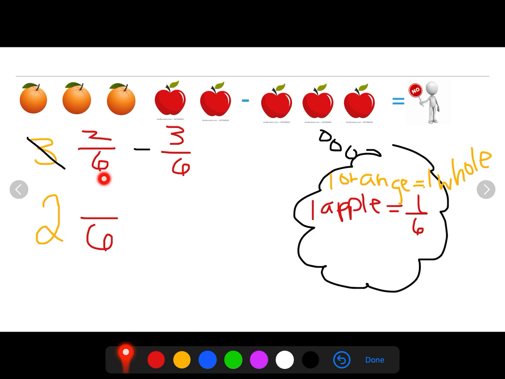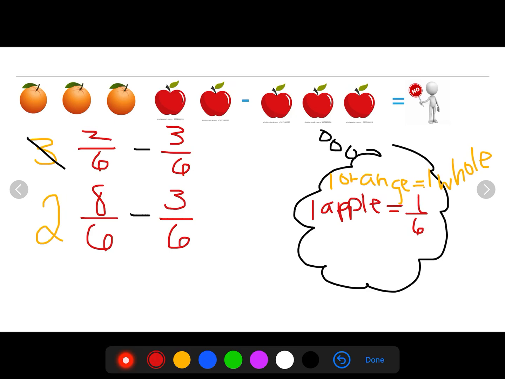Remember, I have 2/6, and I would be adding 1 whole, or 6/6. How many sixths would I have here now? If you said 8/6, you are absolutely correct. So now I have 2 8/6, and I'm taking away 3/6.